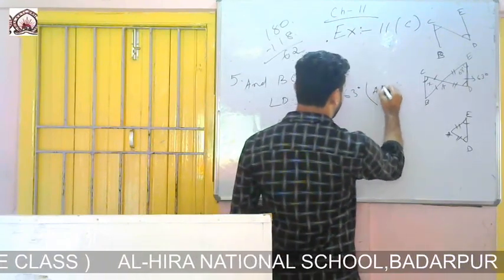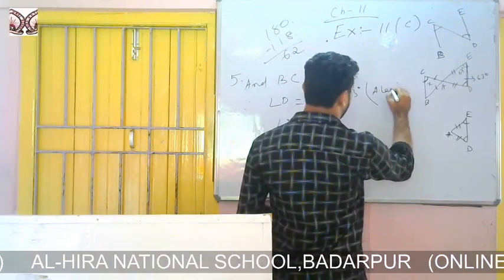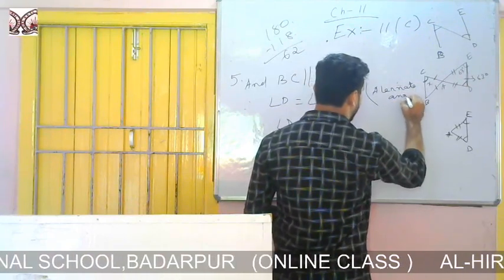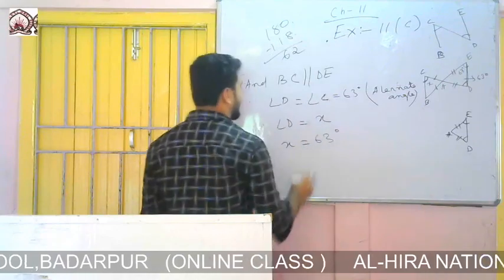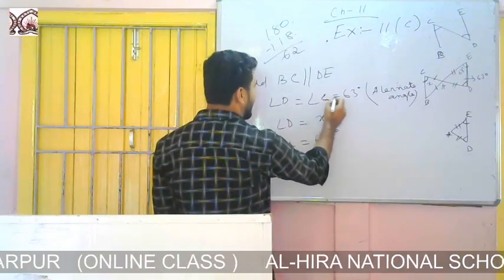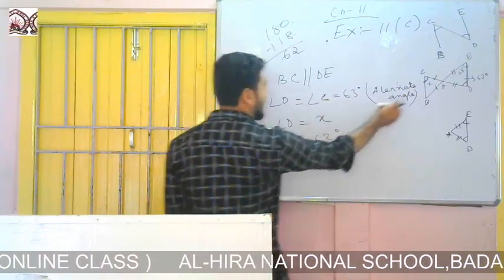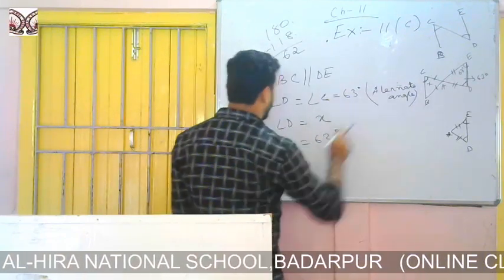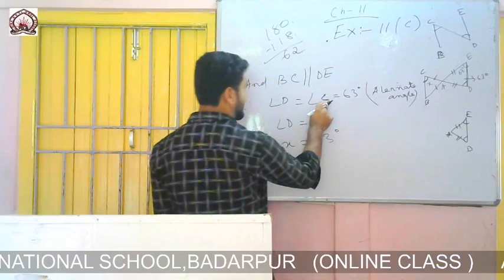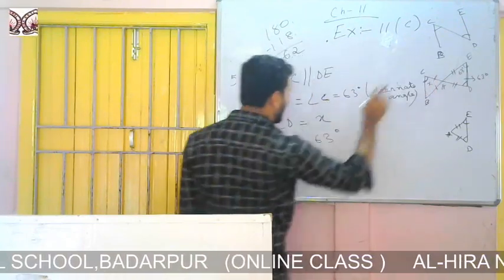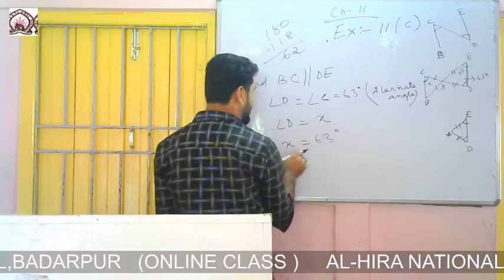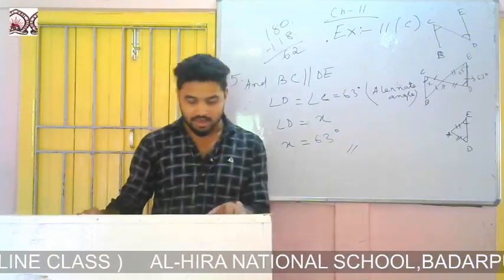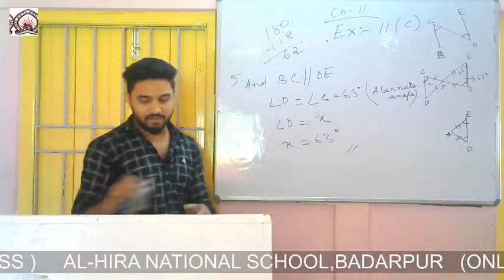Here also you can write alternate angle. Angle D equals to angle X. In place of C I can write angle X, so therefore X equals to 63 degree. That is the answer of question number 5.